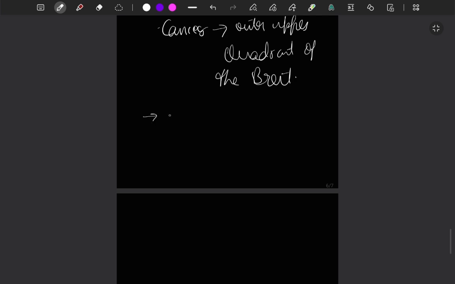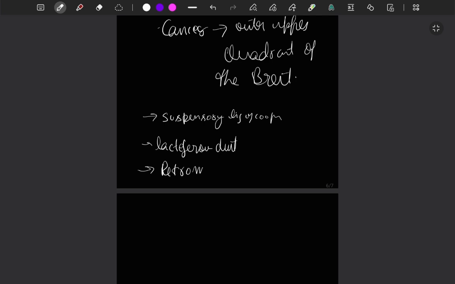The cancer cells can proliferate in the suspensory ligament of Cooper, in the lactiferous ducts, in the retromammary space, and in superficial lymph vessels.